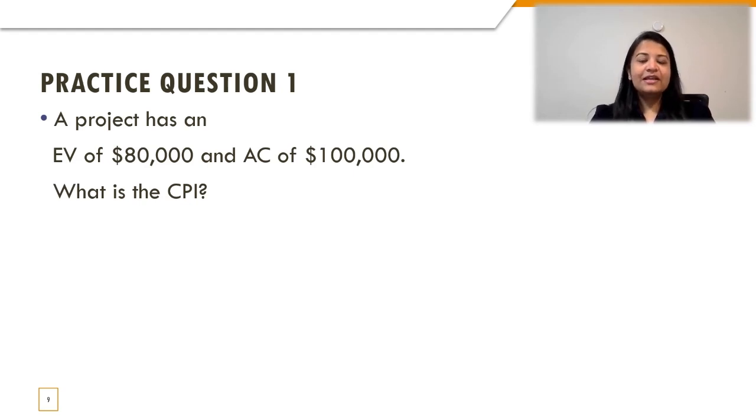Alright, so let's see how to solve this question pretty fast based on our mental math. Since we are asked CPI, the formula is EV divided by AC. That means if AC is bigger, it simply means that the value is less than 1, which means the project is performing very badly as per our mental math formula.